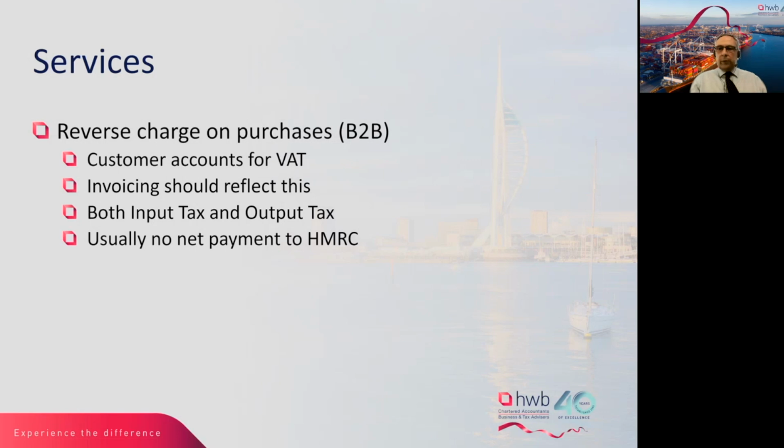Again, this is similar to the postponed VAT accounting situation where we're accounting for both input tax and output tax. It's important, however, that invoicing reflects that this reverse charge will apply. Usually this is covered on the invoice to make it clear that it's a reverse charge supply, and therefore the invoice won't show any VAT. As a result of the accounting for both input and output tax on the VAT return, there's usually no net payment to HMRC.